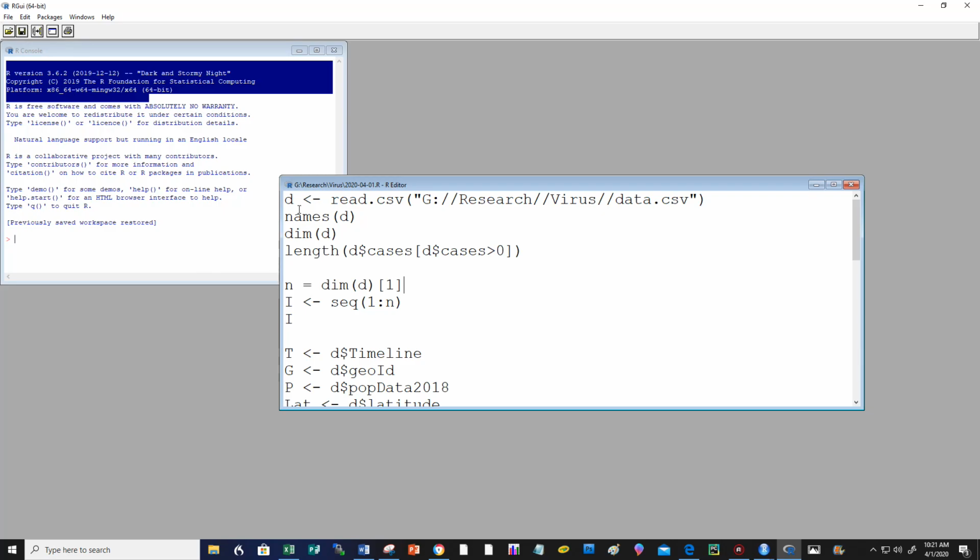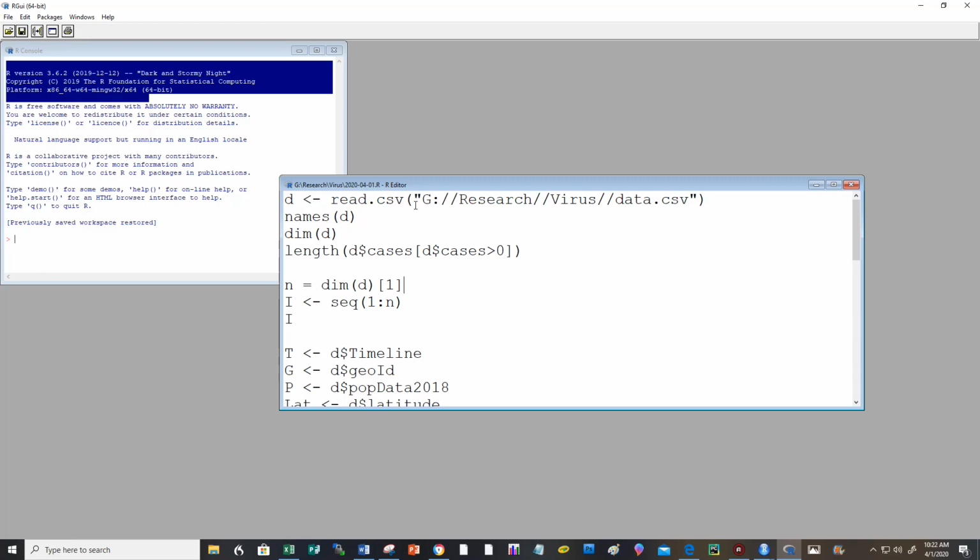So apparently this file is in my G drive in a folder called research, in a folder called virus, and it's called data, and it's a CSV file. Now the reason there's 2 backslashes is because R reads backslash as command to follow, and the command I want is the backslash. So we're going to tell it the command is go get the file. Then I'm going to say what are the names.